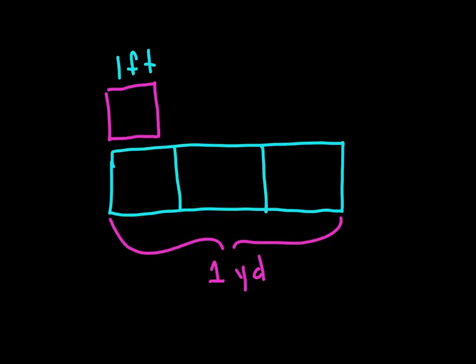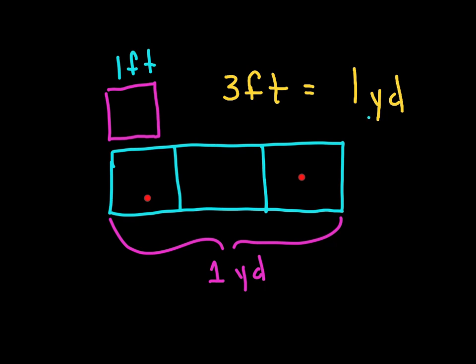Okay, now we're talking about yards. Each one of those boxes is equal to 1 foot. But this whole thing is 1 yard. And when we're counting, we see 1, 2, 3. So there are 3 feet is equal to 1 yard.